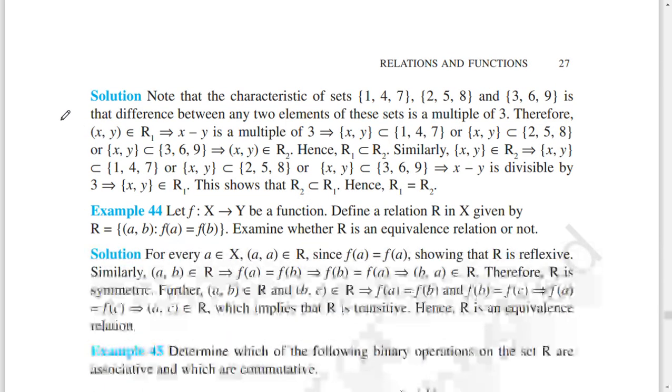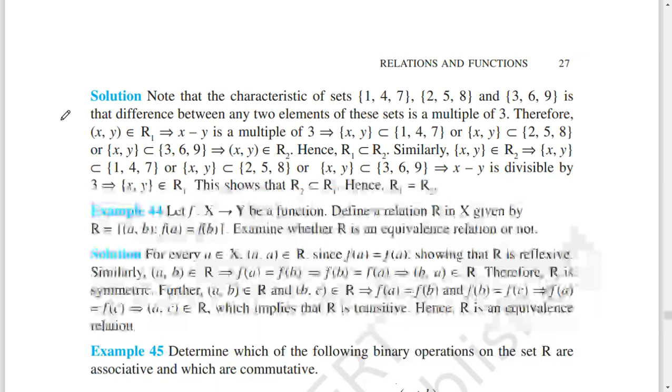Solution. Note that the characteristic of the sets {1, 4, 7}, {2, 5, 8} and {3, 6, 9} is that the difference between any two elements of these sets is a multiple of 3. Therefore, (x, y) belongs to R1 implies that x minus y is a multiple of 3, implies x, y belong to {1, 4, 7} or {2, 5, 8} or {3, 6, 9}, that is (x, y) belongs to R2.